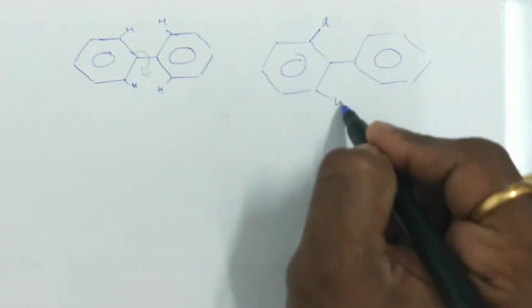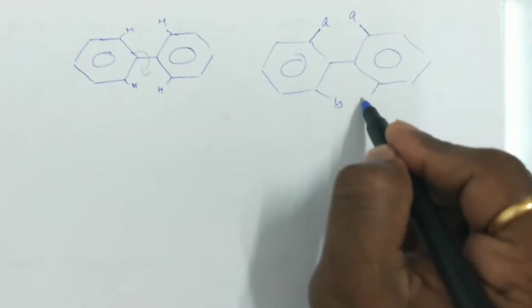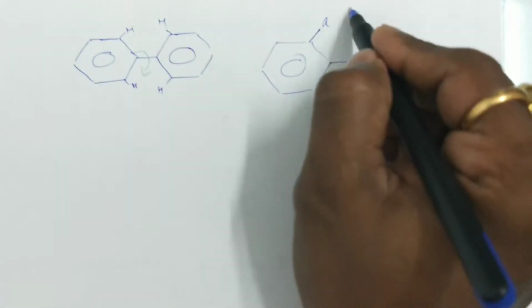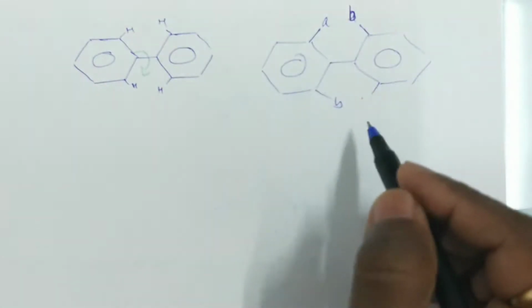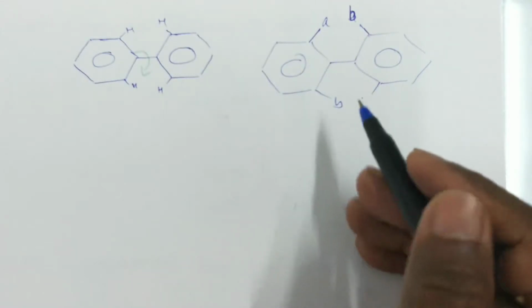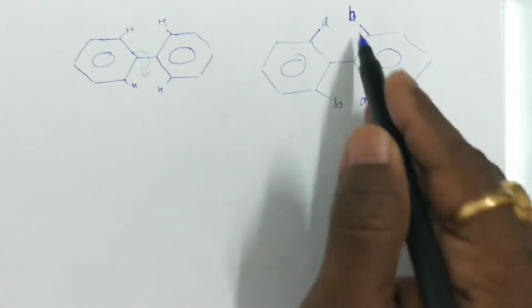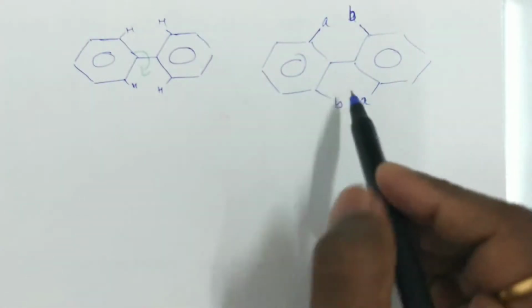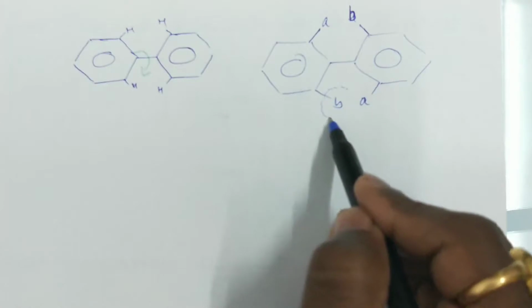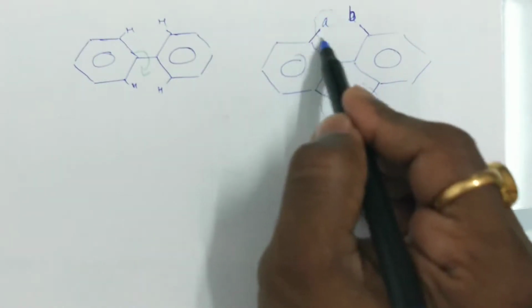A, B, or B, A like this, or in any way, no problem. Suppose that the size is bigger for A and B. Then what will happen?